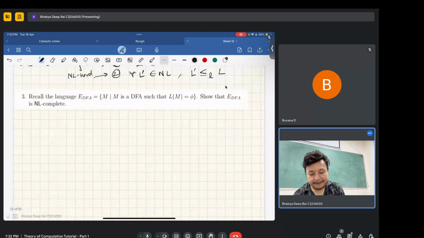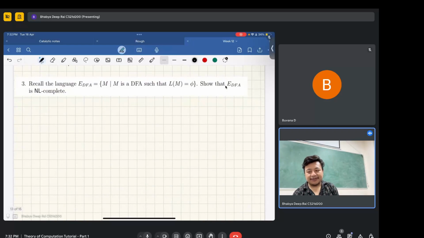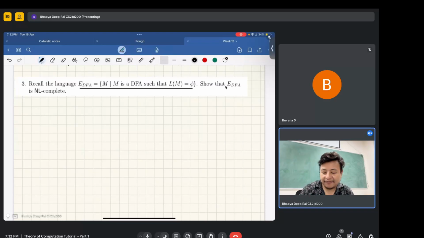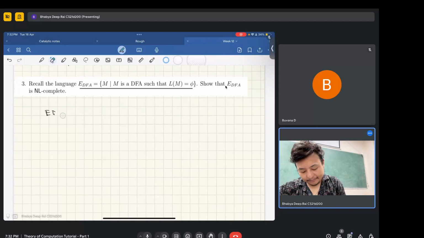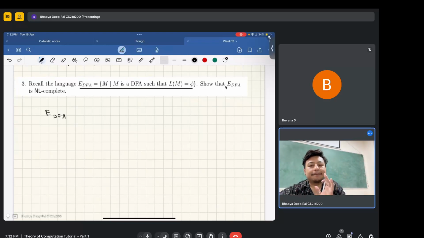Now, why did I bring all this notation? We'll soon see. Recall the language EDFA: M is a DFA such that L of M is empty. Show that EDFA is NL complete. What is EDFA? E stands for empty, which means the language of the given DFA is empty.